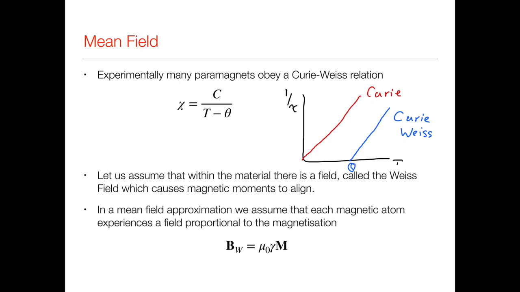The constant mu naught is just a fundamental constant. So the constant, unknown constant here is gamma. So now let's try and see if we can use this idea, and whether we end up with a relationship for the susceptibility that matches what we can measure in experiment.